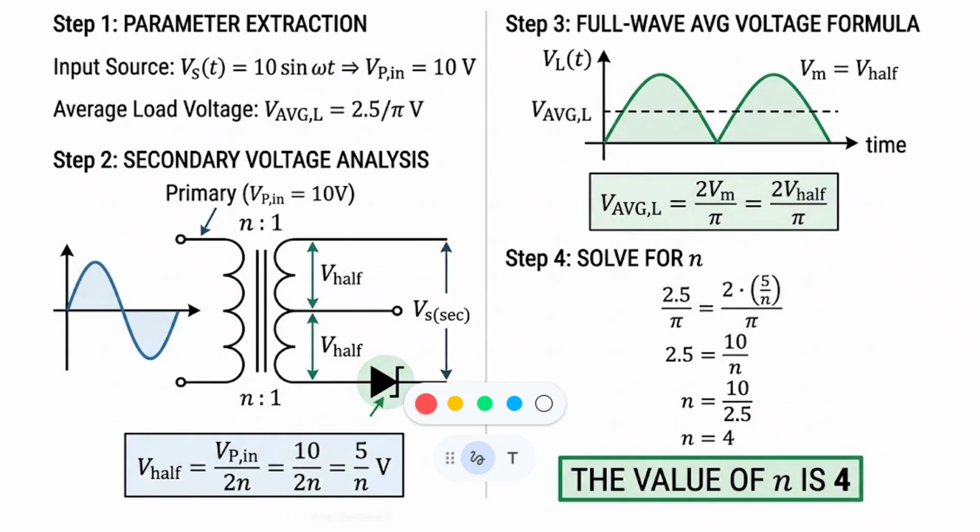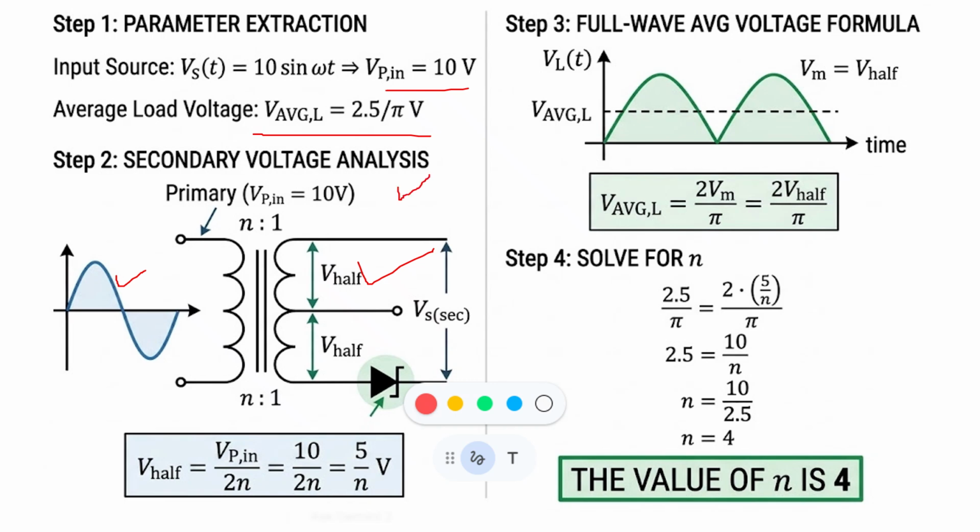First of all, whenever you are giving any input, what will be the voltage across this half wave, so that we can find out. The input source is given, and the average load voltage is already given, 2.5 by pi, in the question itself.